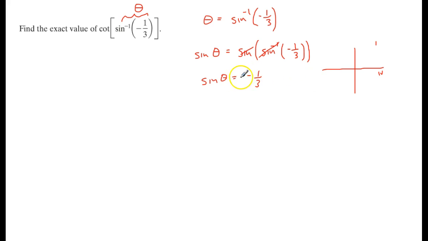And the sine is -1/3. Remember, for sine, this is opposite over hypotenuse. So the opposite has to be 1, and the hypotenuse has to be 3, right? And technically that opposite is -1.